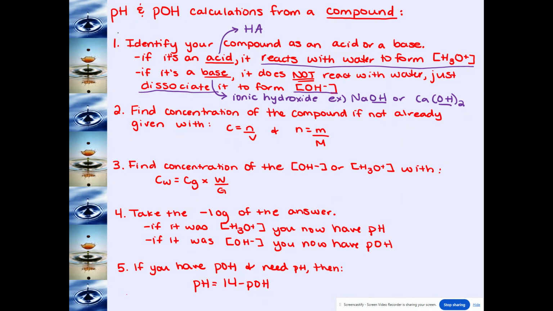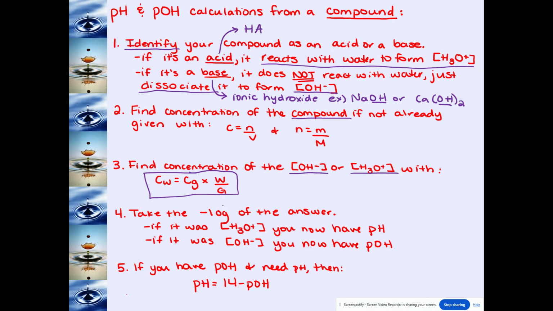Once you start by identifying what you have and writing the reaction, either with water or just dissociating, you then find the concentration of the compound if it's not already given, with mass over molar mass and C equals n over V. Then you find the concentration of the ions, and again, whichever ions you have depends on what type of compound you started with. If you started with an acid, you have hydronium, but if you started with a base, you have hydroxide. You're going to use the concentration wanted equals concentration given times wanted over given formula for that.